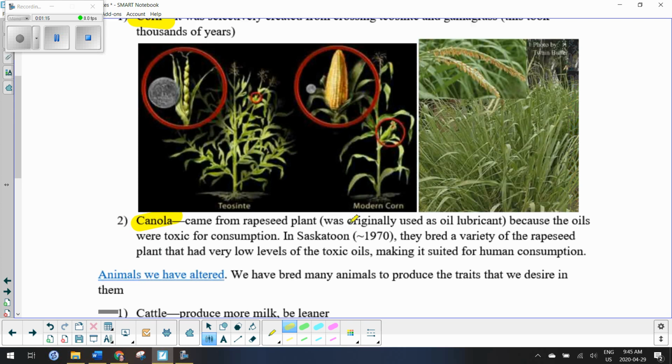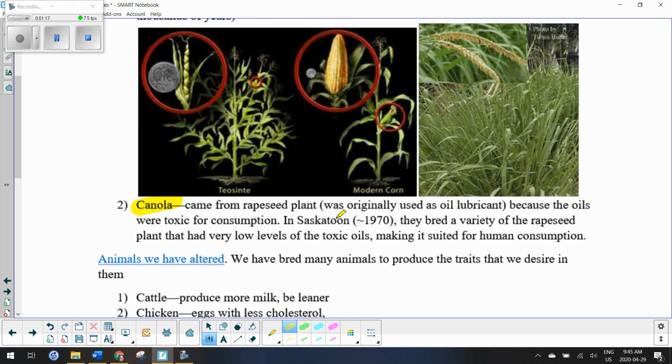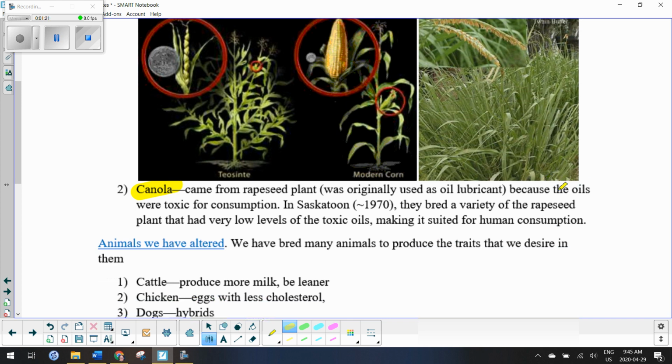Canola is your next one. So this came from the rapeseed plant that was originally used as oil lubricant. The reason why they used it as oil lubricant was because it was considered, or it was, toxic for consumption.